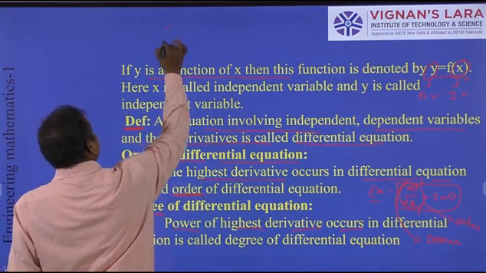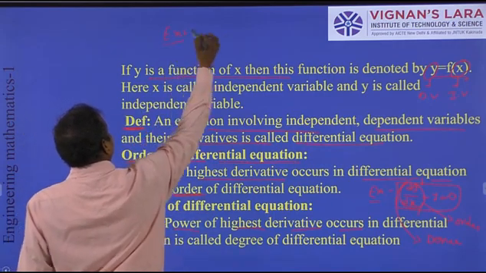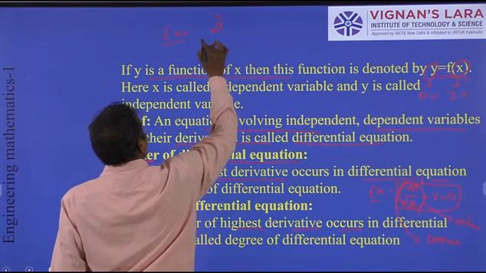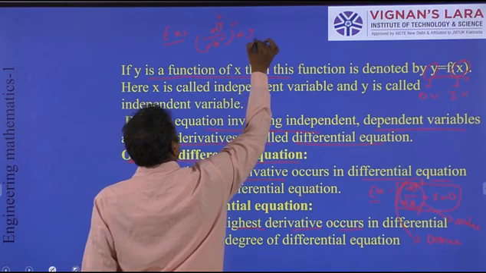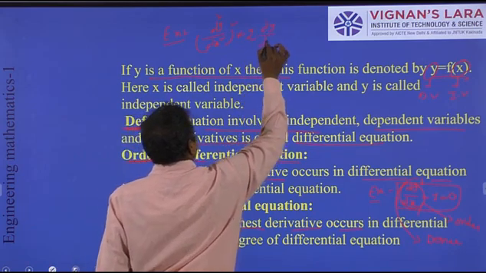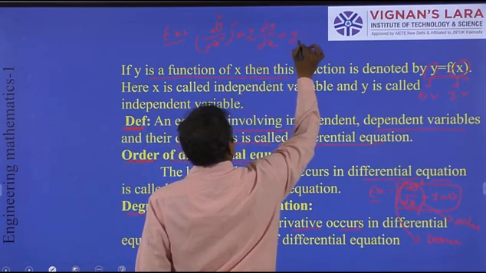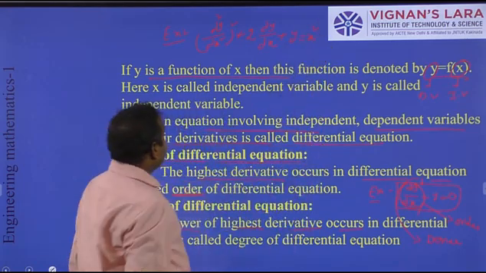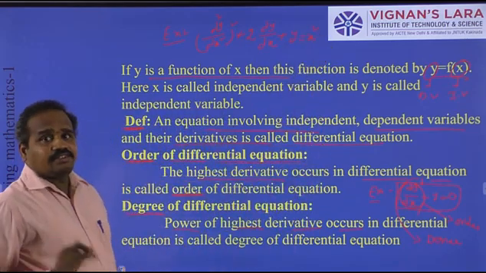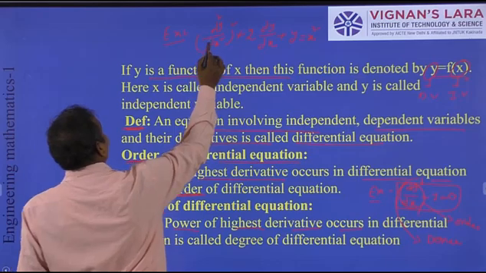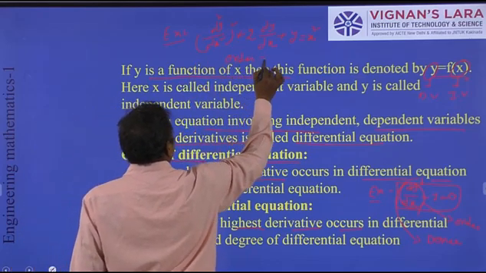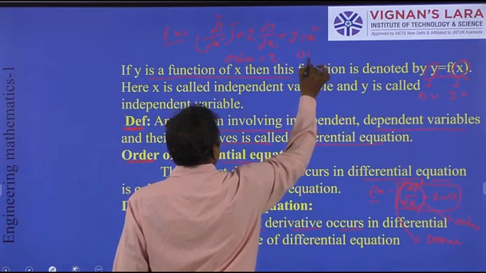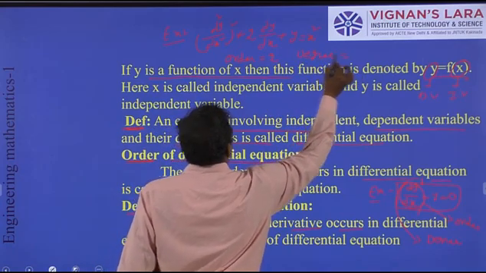Similarly, another example: (d square y by dx square) whole square plus 2 into dy by dx plus y is equal to x square. This equation involves the second order derivative, so the order of the differential equation is 2.